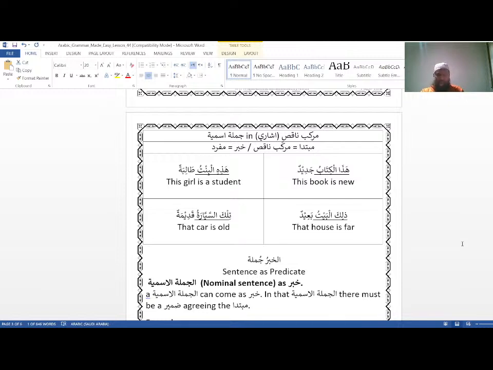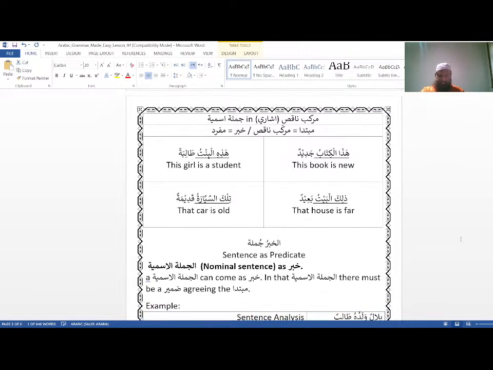If we don't have a damir that agrees with the mubtada, meaning in gender and in number, then it's not going to be a khabar. So you must look for a damir in the second jumla that refers to the mubtada.